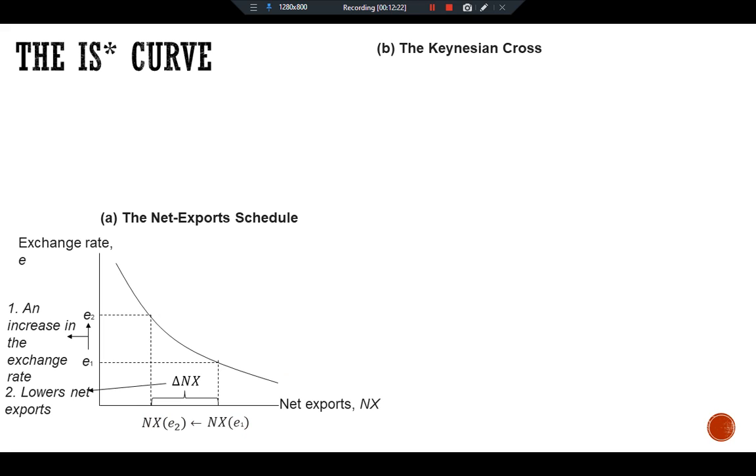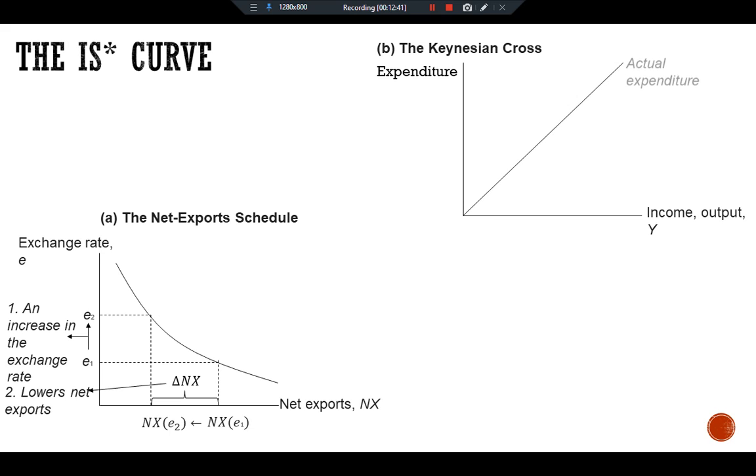Let's draw the Keynesian cross. We have income output Y on the x-axis and expenditure on the y-axis. We have the 45-degree line for the actual expenditure, and we have planned expenditure.